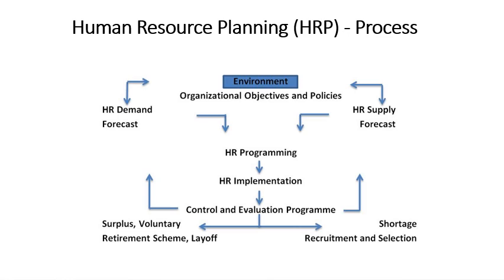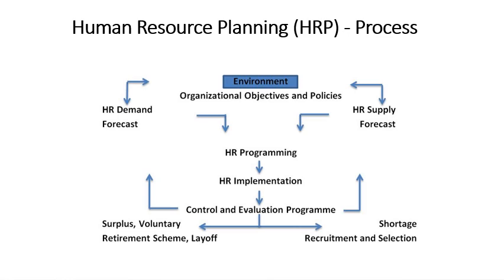Now the next step is HR implementation. Whatever plan the HR department decides on the basis of shortage and surplus will be implemented in the implementation phase. And after implementing that plan, the last step is the control and evaluation program. Here the HR department will check the success rate of HR planning implementation.